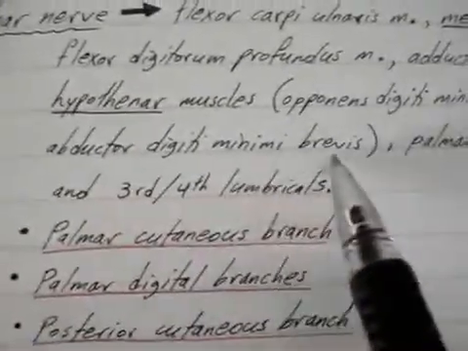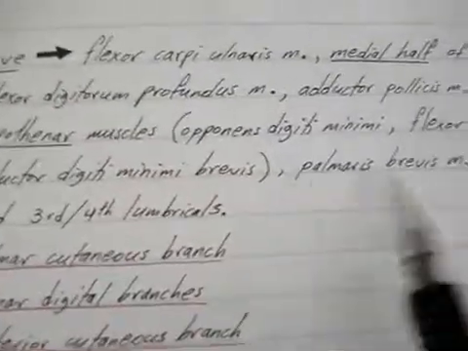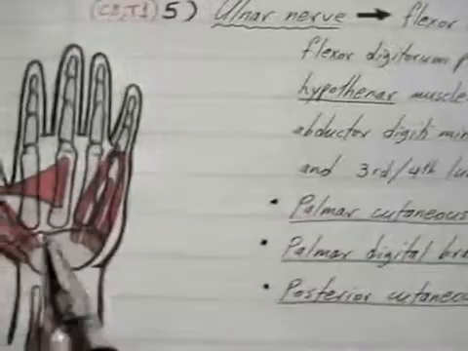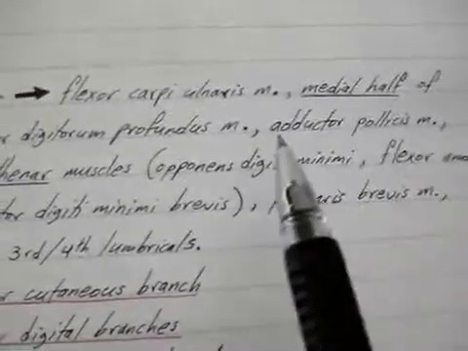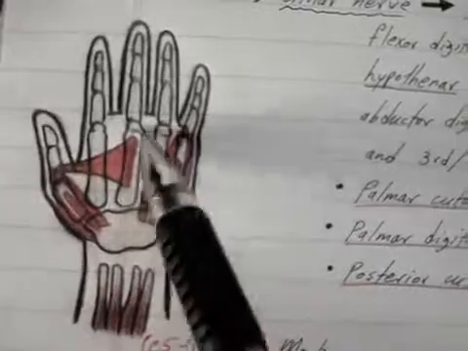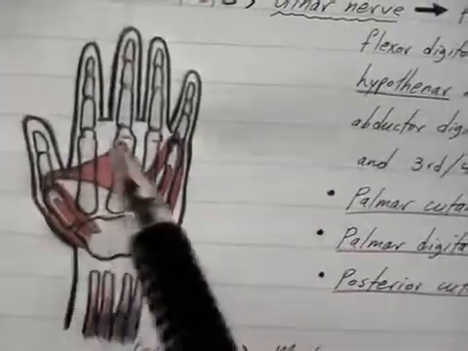Opponens digiti minimi, flexor, and abductor digiti minimi brevis. The ulnar nerve also innervates the palmaris brevis, which I have not shown here. Palmaris brevis would be in this area here, and also the adductor pollicis. This muscle here is the adductor pollicis. Adducts the thumb.